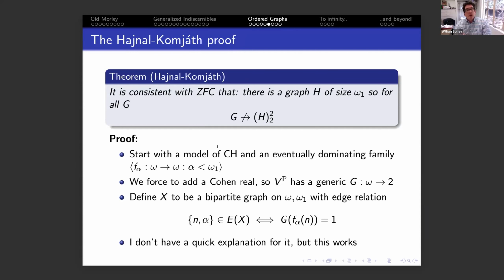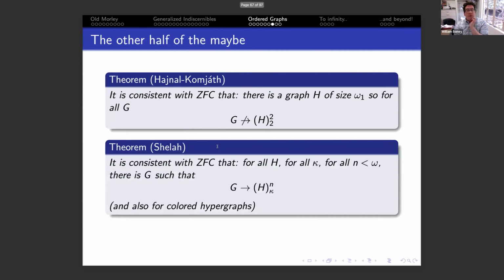Okay, so whatever. Consistently we have some problems, but then Shelah gave a dual result that it's consistent with ZFC that we do have these partition relations.